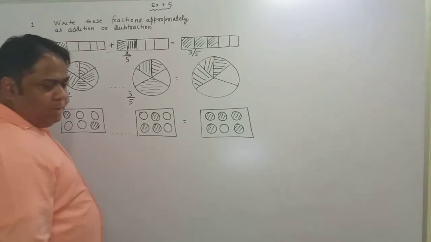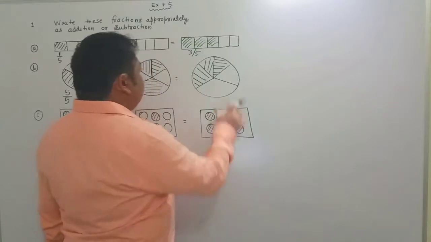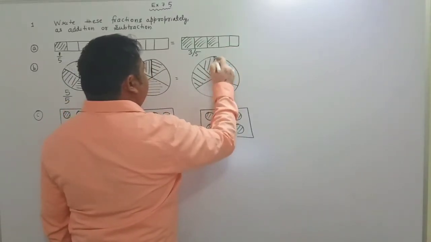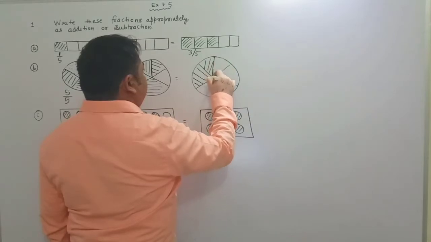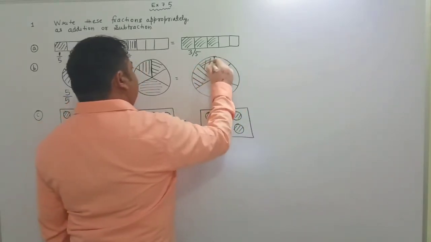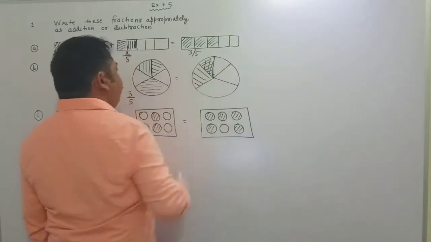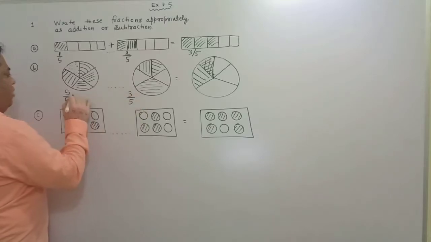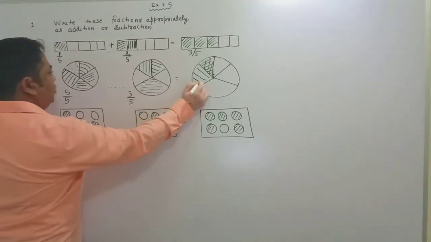And in this case, how many parts are colored? 2 parts are colored, not 3. If you see carefully, 2 parts are colored. So how can 5 and 3 become 2?